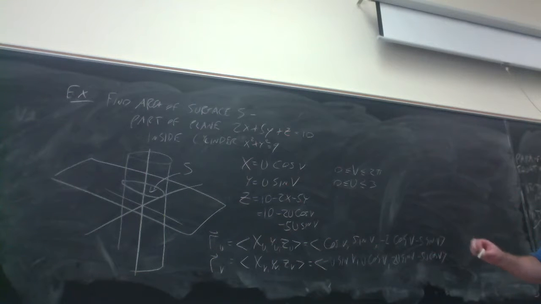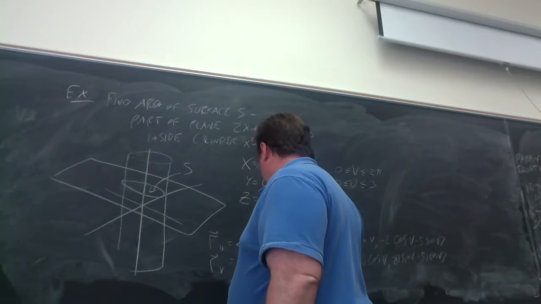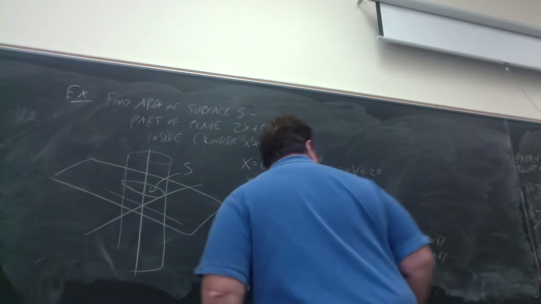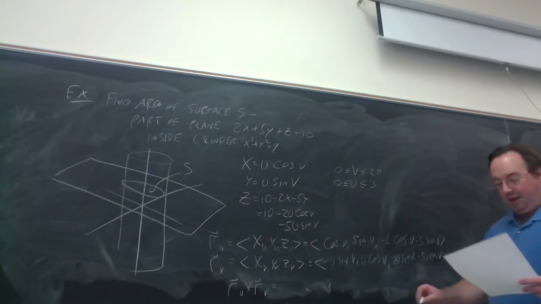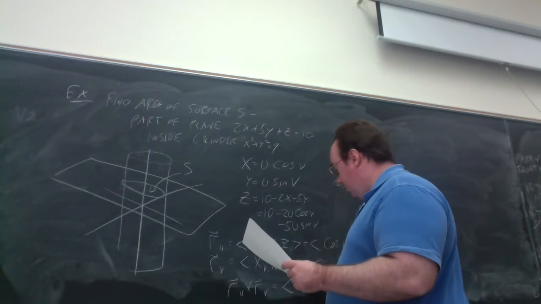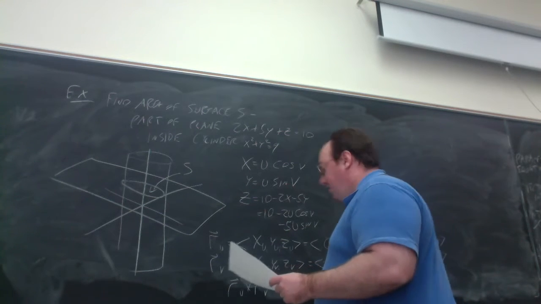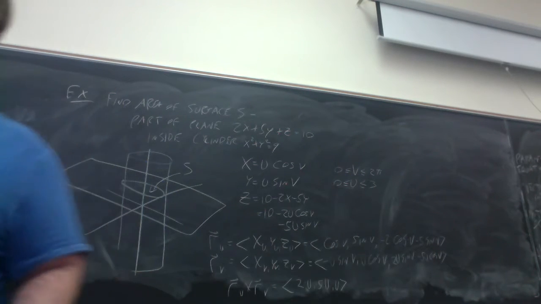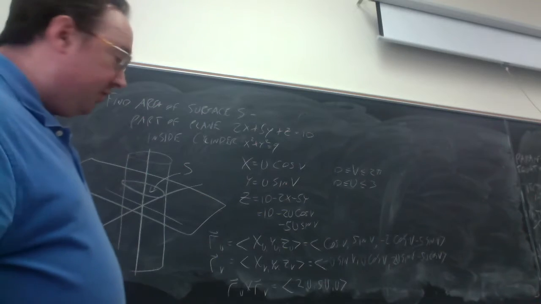So it turns out that the cross product of the two is quite a bit simpler than either of the original vectors. I won't go beyond it here because of time, but it's something you should check. What you get is 2u, 5u, and u, again because a lot of cosine squared plus sine squared equals 1 is happening.